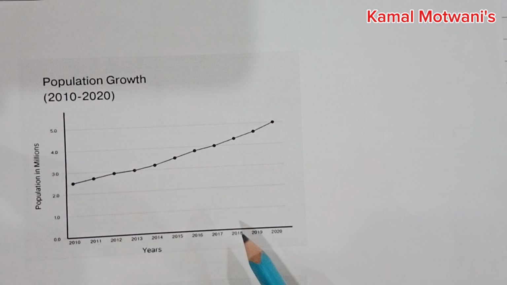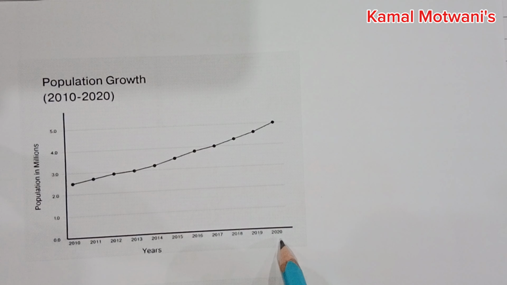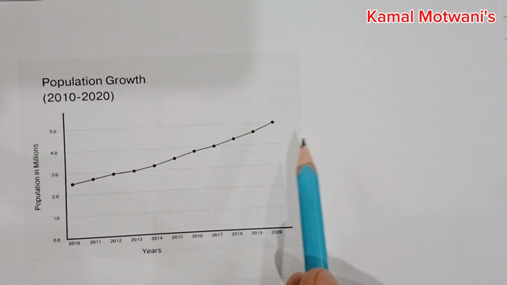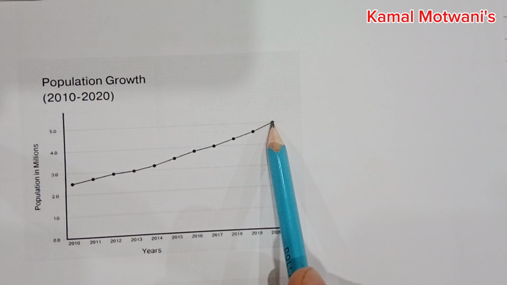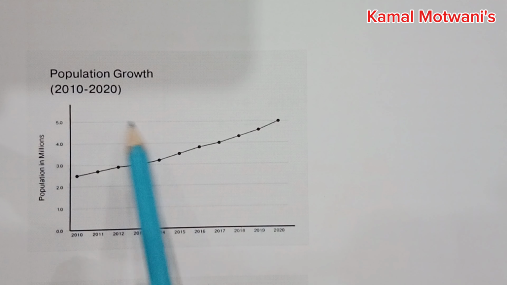Then in 2017 it is exactly 4 million. Then in 2018 it is around 4.3 million, and then in 2019 it is around 4.6 million, whereas in the last year, that is 2020, it is 5 million in total. You see, it is exactly 5 million.